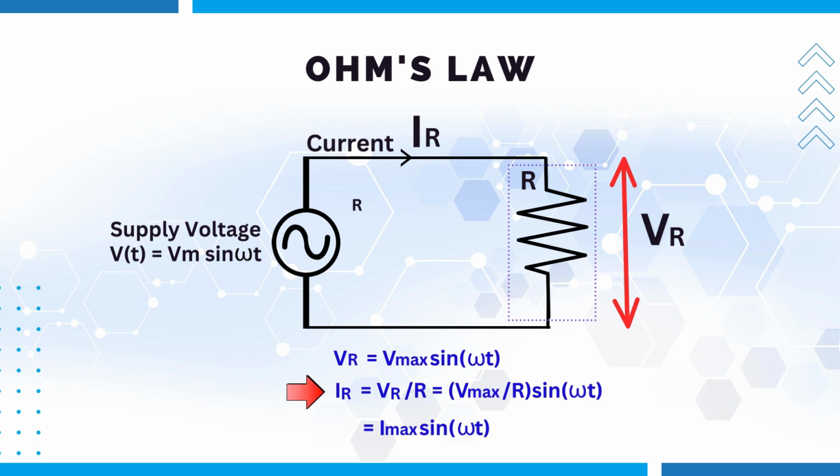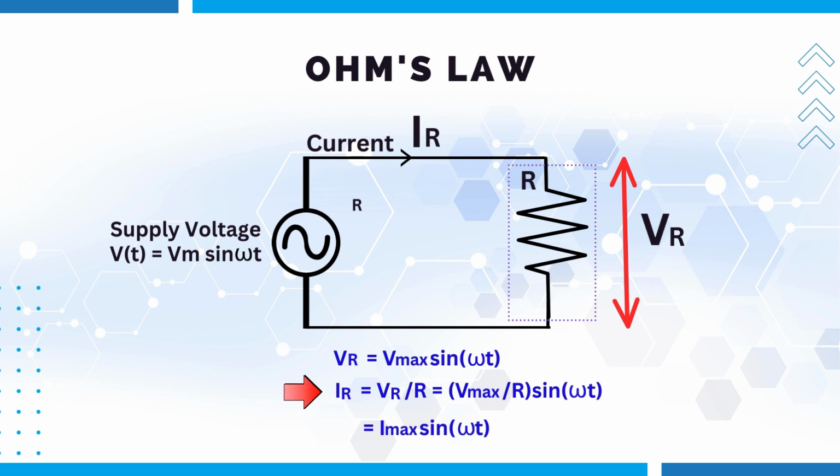To find the instantaneous current, IR, we take the instantaneous voltage, VR, and divide it by the resistance R. It's like determining how much current flows through the circuit at any given moment.